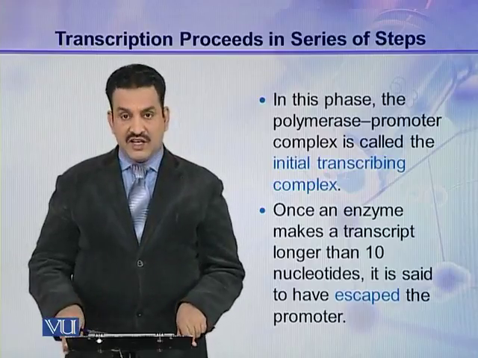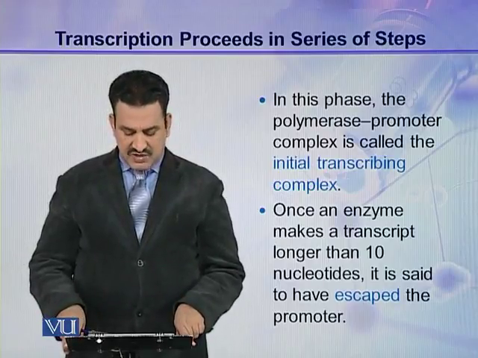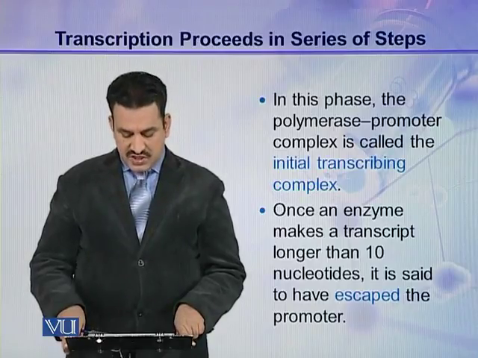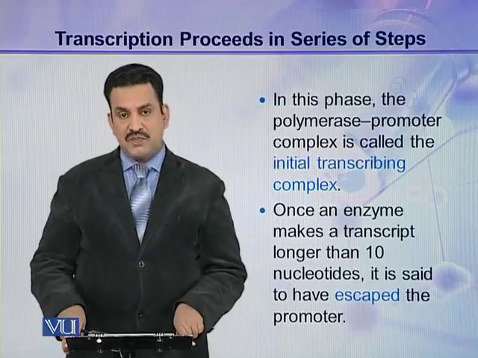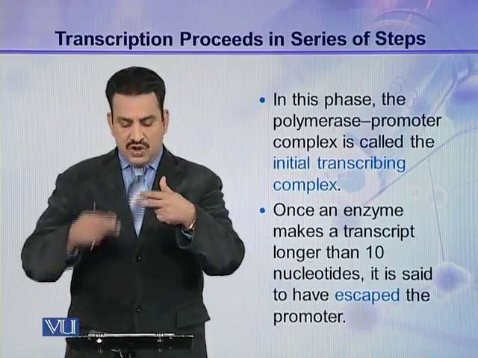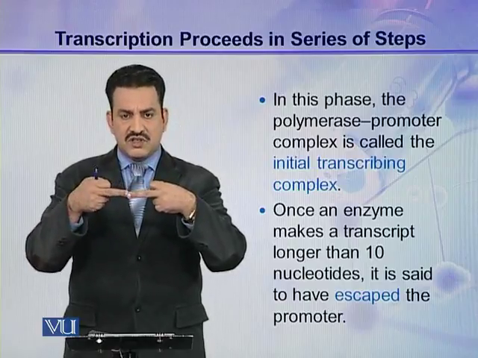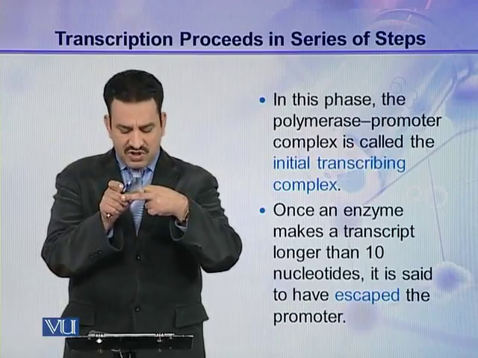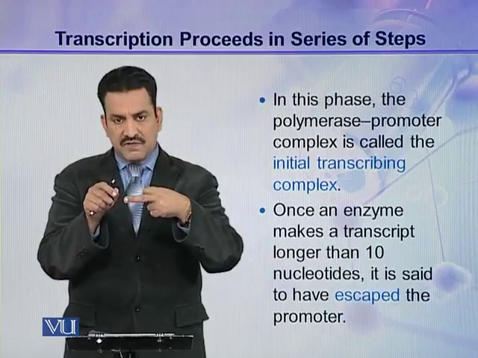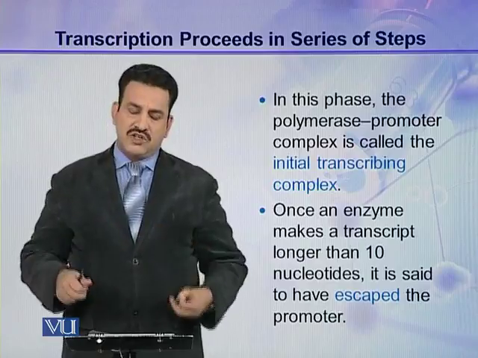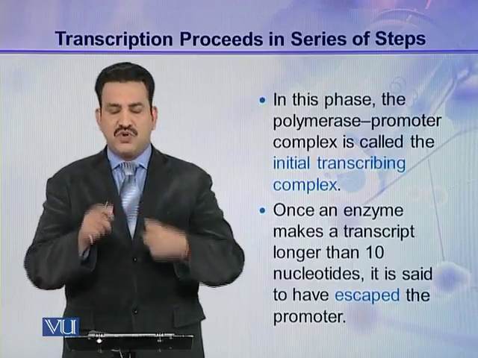Once an enzyme makes a transcript longer than 10 nucleotides, it is said to have escaped the promoter. So on this template strand, about the first 10 bases are considered the promoter region, and once these 10 bases are synthesized, it has actually escaped the promoter.